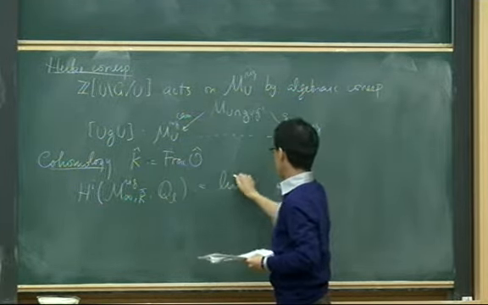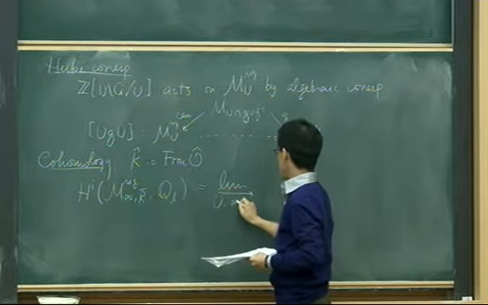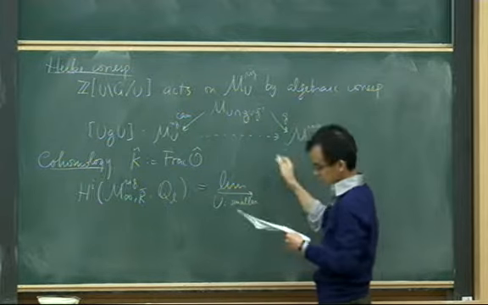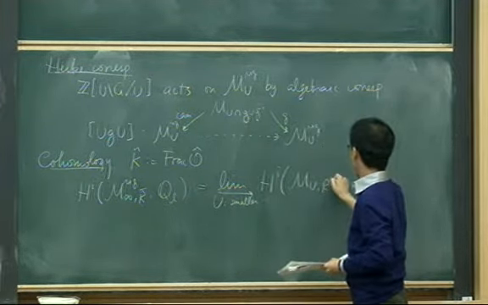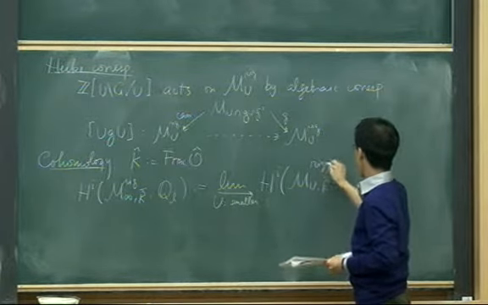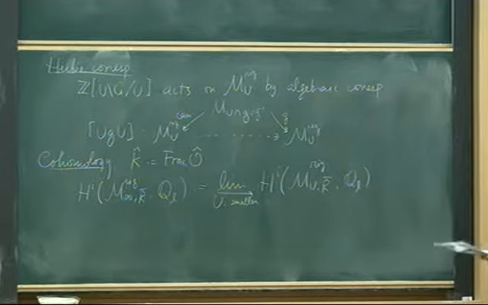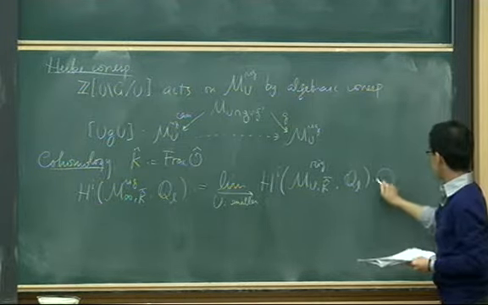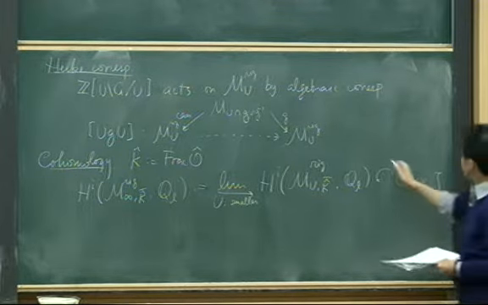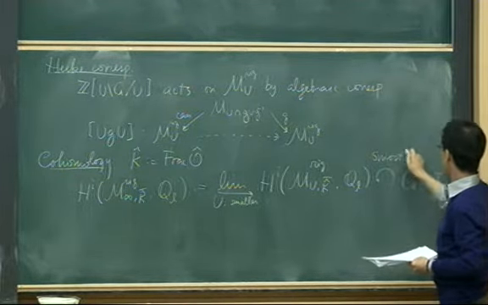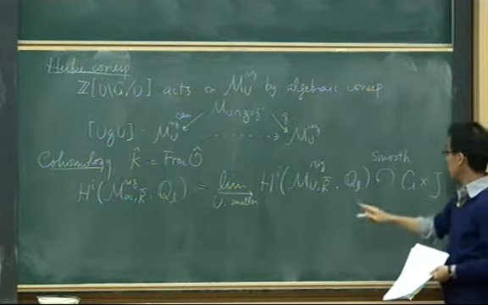This is the limit as we go up the tower, which means the level goes higher, and take the limit of the cohomology. This has the action of G times J, and this is smooth. Well, the action of G is quite obviously smooth.